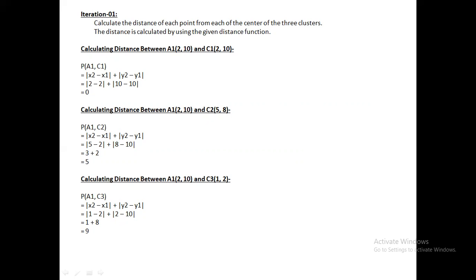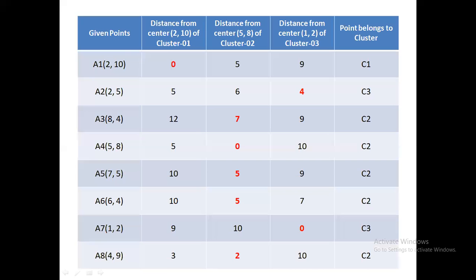Similarly, we have to calculate the distance for each data point with the given clusters. We can make a table like this to calculate the distance from each cluster to each data point. Here you can see the data points A1 to A8 and the cluster centers: cluster 1 is (2, 10), cluster 2 is (5, 8), and cluster 3 is (1, 2).